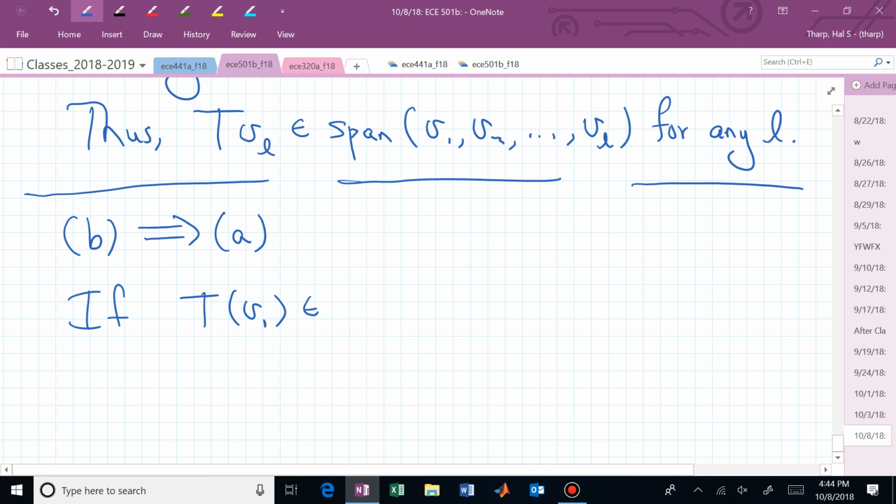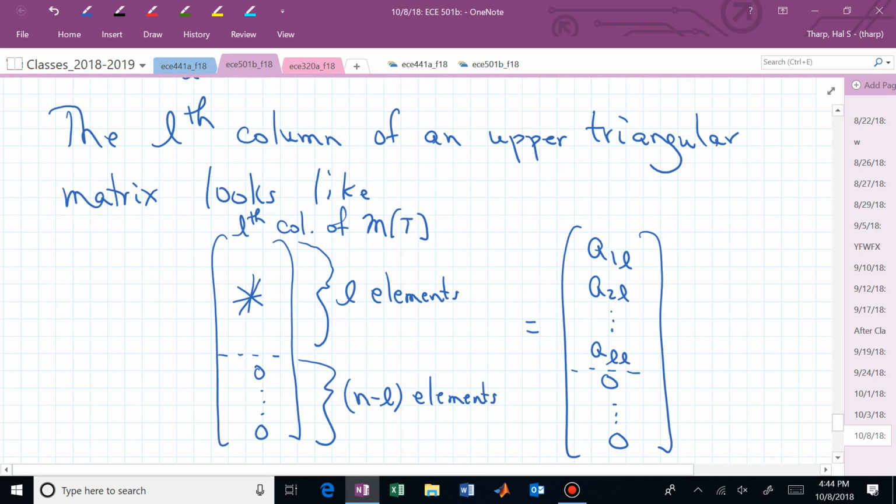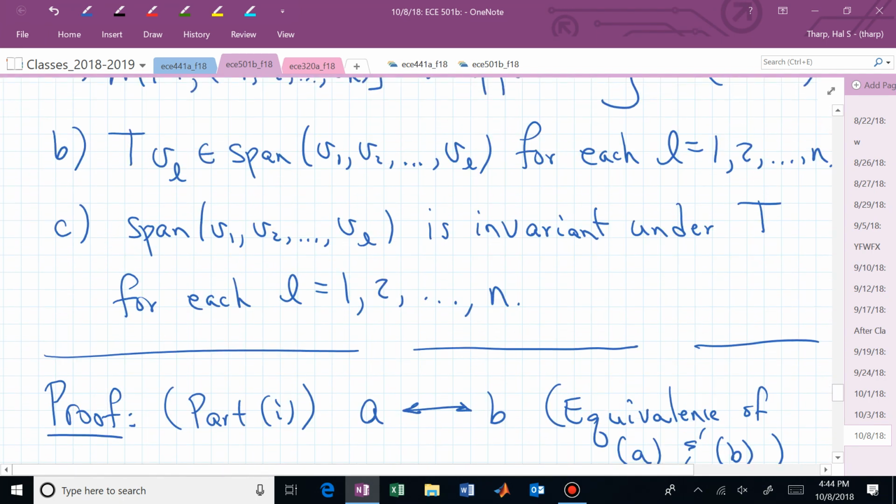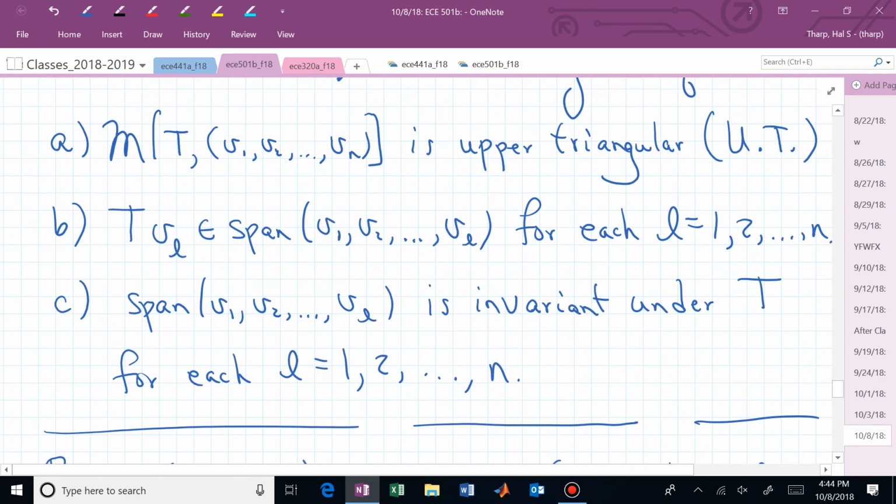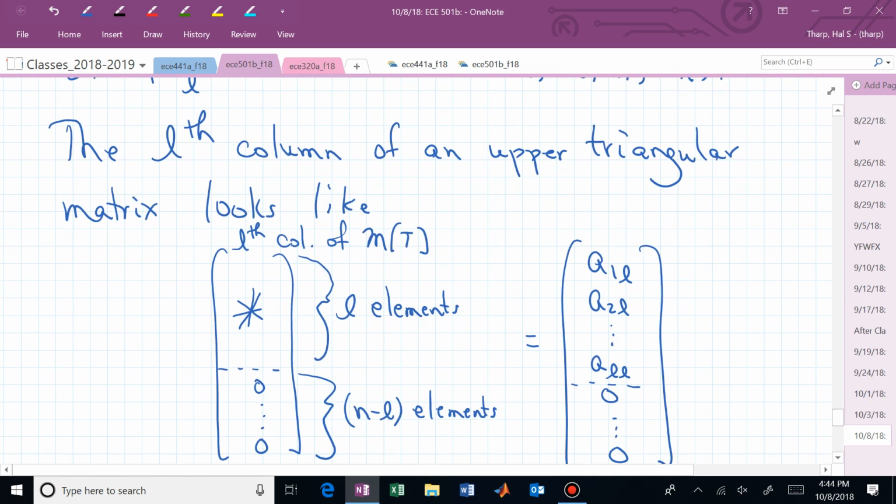What is it an element of? Based on statement B, TV1 would be an element of the span of V1, TV2 is in the span of V1, V2, etc. So that's what we're going to just state.